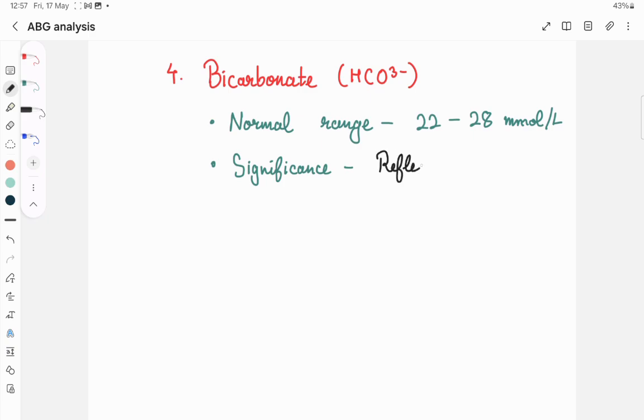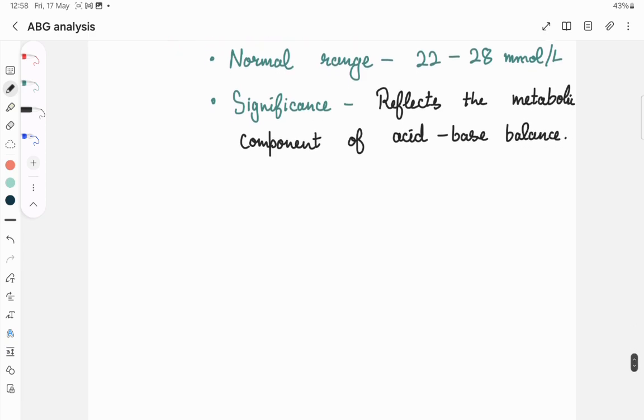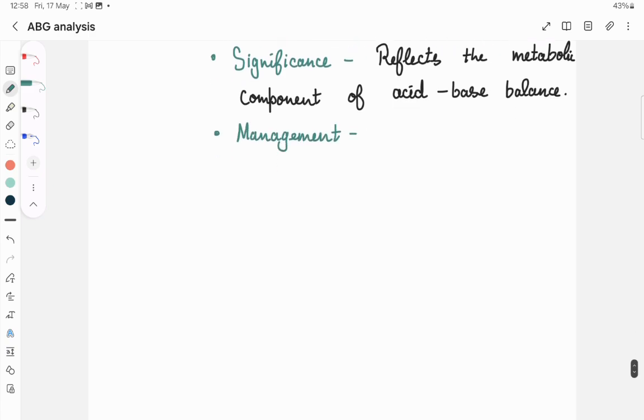What is the significance of bicarbonate? It reflects the metabolic component of acid-base balance. So what reflected the respiratory component of acid-base balance? PaCO2, and bicarbonate reflects the metabolic component.